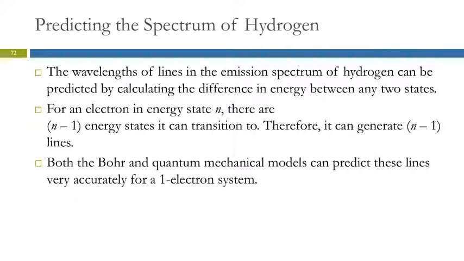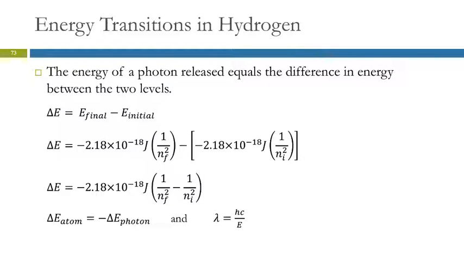Why can't it generate n lines? It can't go below itself. It can only go above. Both the Bohr and the quantum mechanical models predict those lines really well for a one-electron system, which is hydrogen. So we will look at hydrogen.